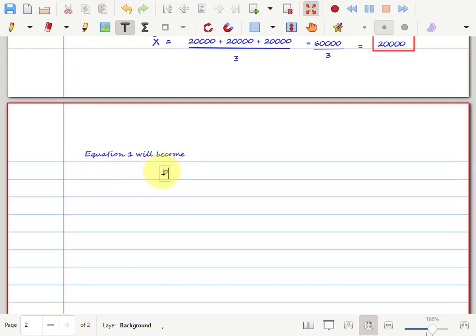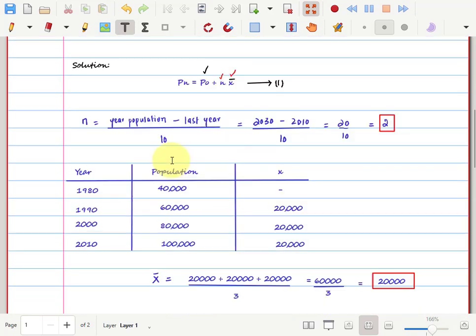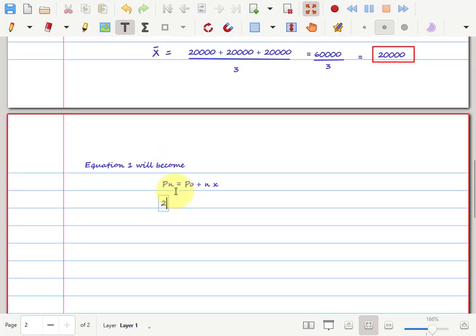Equation 1 will become what? Pn is equal to P naught plus n x bar. What is Pn? As we said, Pn is the year for which the population is to be found. For which year are we finding the population? For 2030, right?